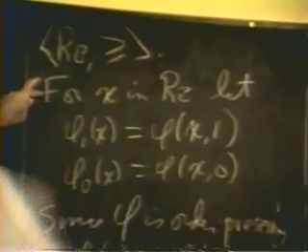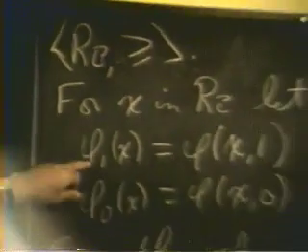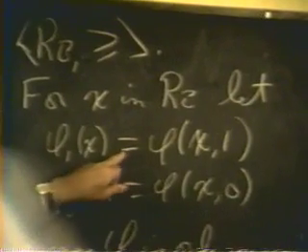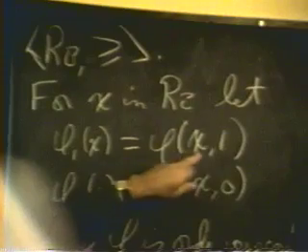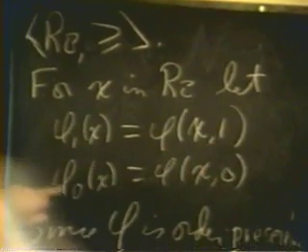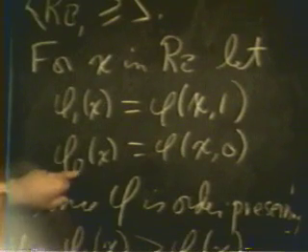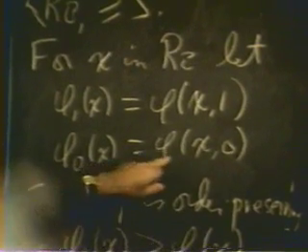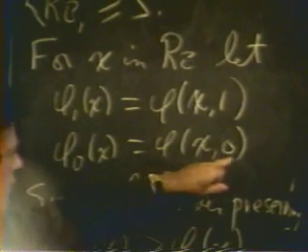Now, for any real number x, let us define phi 1 of x as the numerical value of phi of the pair x1, and phi sub 0 of x, the function phi sub 0 defined just on x, is the numerical value of phi of the pair x0.